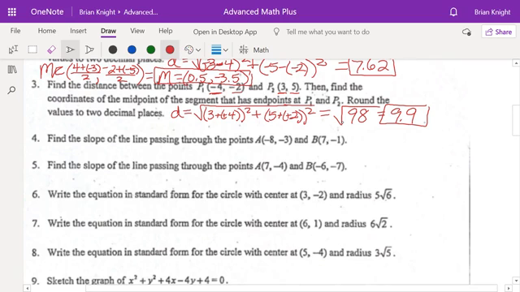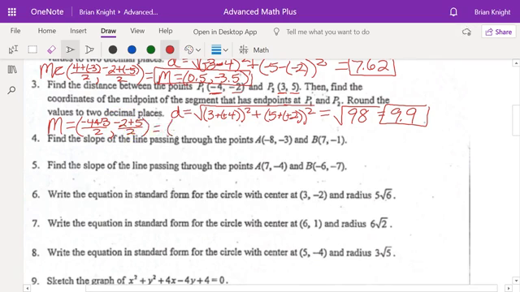Yeah. My midpoint, just add them up. Divide by 2, so -4 plus 3 divided by 2, and -2 plus 5 divided by 2.